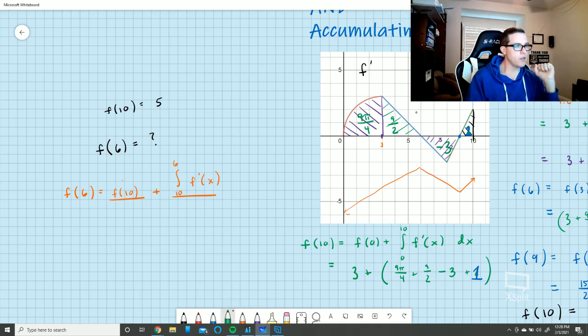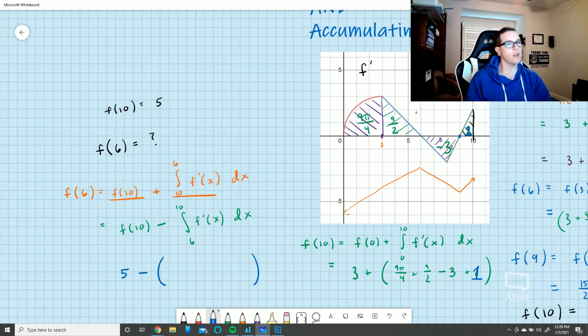But this makes no sense because we're not used to accumulating right to left. We need to accumulate left to right. So that is the same as f of 10 minus, we're accumulating backwards, and you can flip the bounds. And now, be very careful, 5 minus, and I would throw all of these in parentheses.